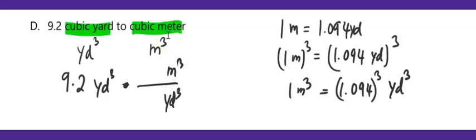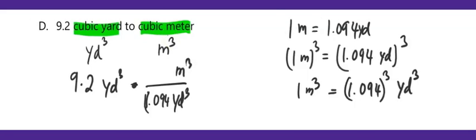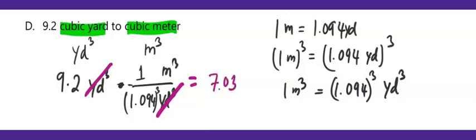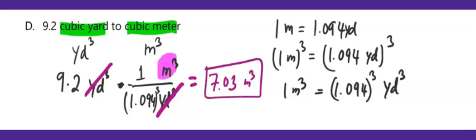So how many yard cube? 1.094 to the power 3 on the bottom, and on top 1 meter cube. So this cancels yard cube, and the answer must now be 7.03 meter cube. Okay, so that's the unit for the answer.